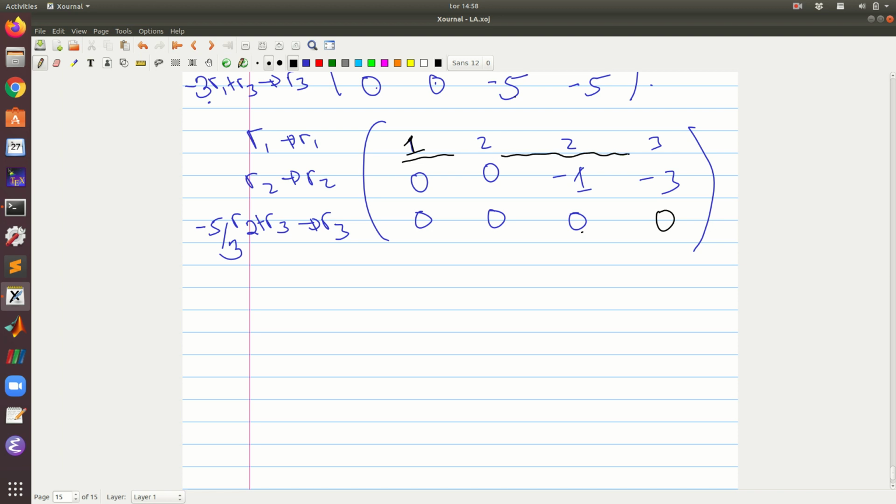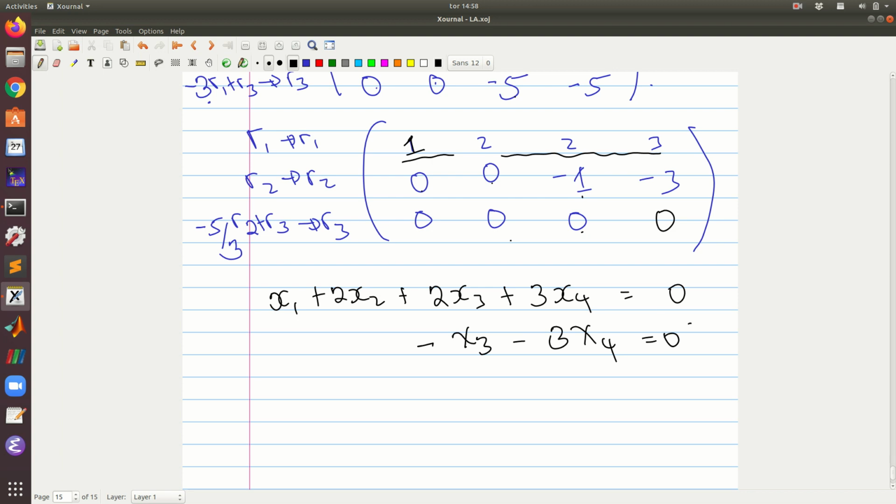We can write down that equation: x1 plus 2x2 plus 2x3 plus 3x4, and on the right hand side we have 0, and then negative x3 minus 3x4 equals 0. The last row consists of zeros, equals 0, so we have no equation there.